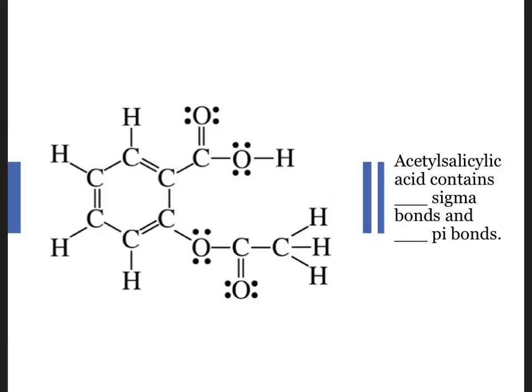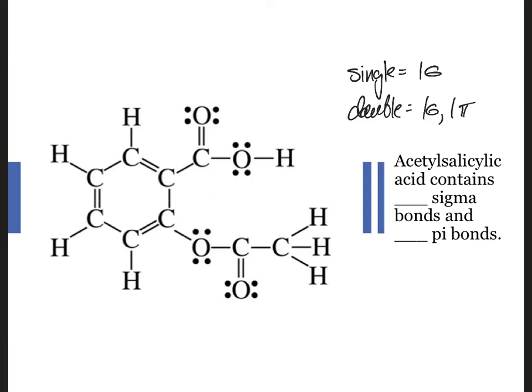All right, so this was a challenging question. Acetylsalicylic acid contains how many sigma and pi bonds? The key to this is that each single bond equals 1 sigma, and each double bond equals 1 sigma and 1 pi bond.